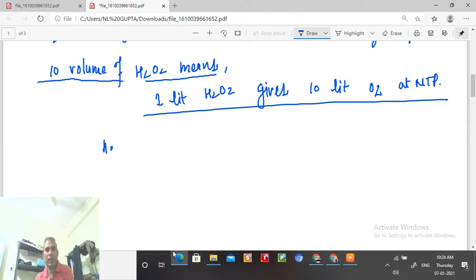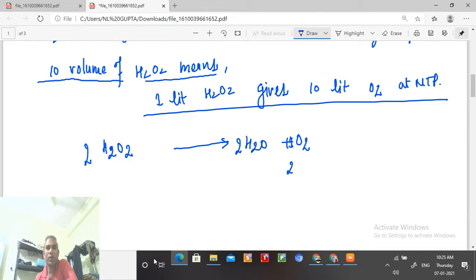The equation is H2O2 decomposes to give H2O plus O2. Here you can balance it out: this is 2 mole and this is also 2 mole. At NTP, the volume of 1 mole of gas is how much?